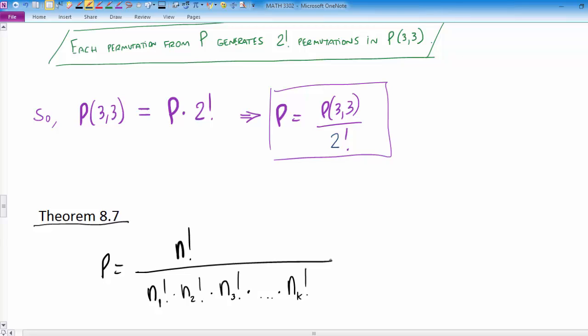So in order to arrange all those fruits on a shelf, for example, on a stand, and you put them in order, but some of those fruits are repeated. In order to not count those arrangements twice, we have to get rid of the repetition by dividing by n1 factorial. So it's the number of apples factorial, and then here will be the number of bananas factorial, and so forth.